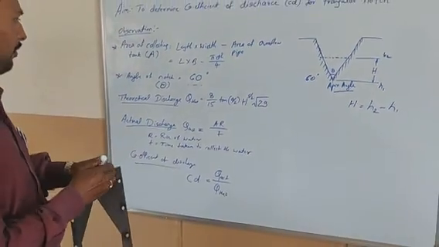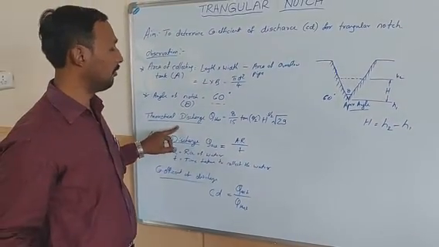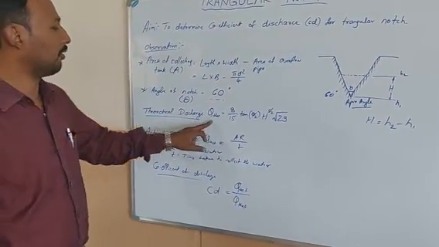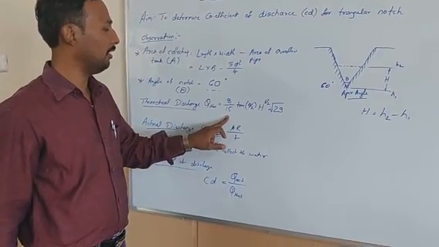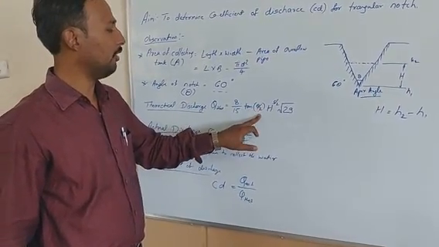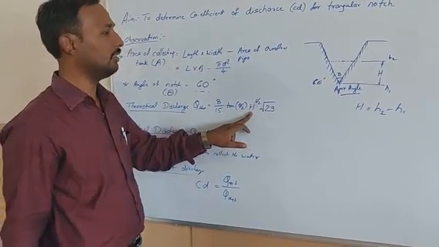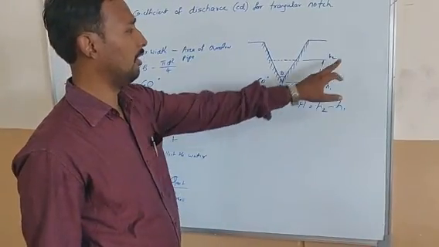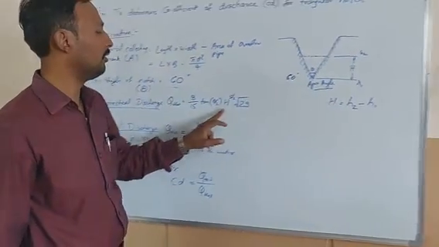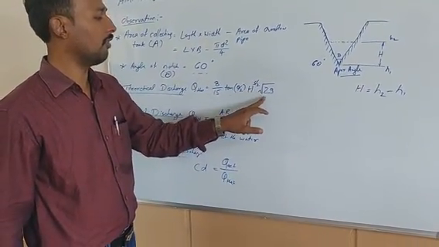For the theoretical discharge, this is the formula. Q theoretical is equal to 8 by 15 tan theta by 2, where theta is nothing but 60 degrees. H is the difference of H1 and H2. H raised to 5 by 2, square root of 2g.